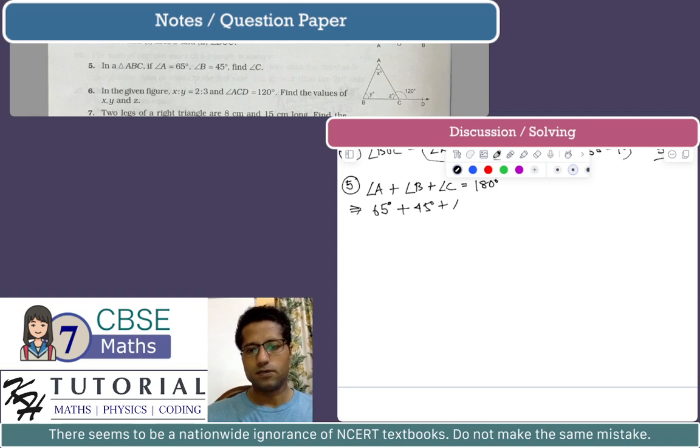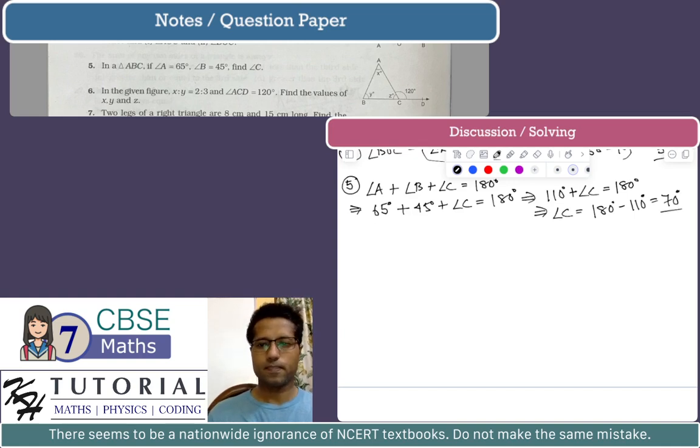So we have angle C, which is unknown, equals 180 degrees. So this implies 65 degrees plus 45 degrees is 110 degrees plus angle C is equal to 180 degrees. So this implies angle C equals 180 degrees minus 110 degrees, which is equal to 70 degrees.